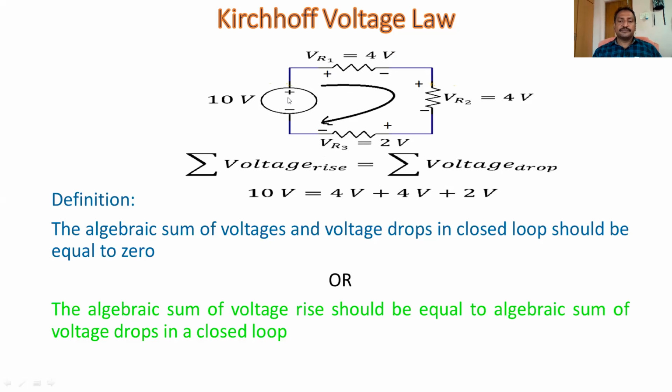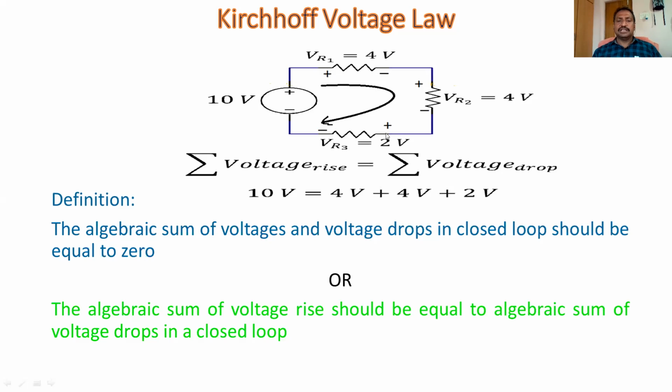This is the voltage rise, this is the voltage drop. Voltage rises are always rises, and voltage drops are always drops. So the voltage rise should be equal to the voltage drops, or the voltage rises and drops all together should be equal to 0.